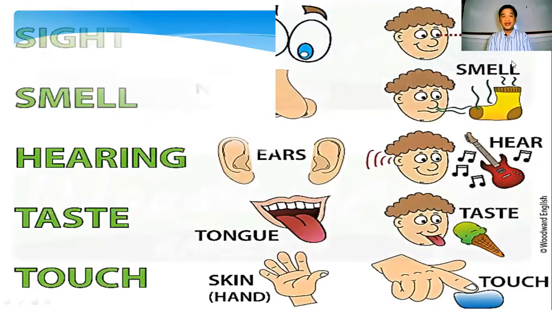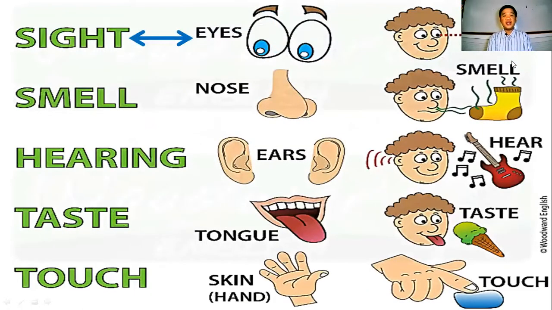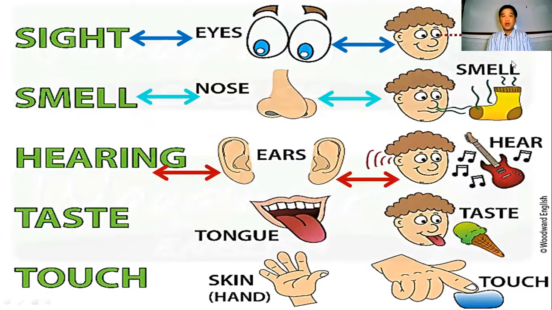To recap, we have eyes used for sight, nose used to smell, ears used for hearing, tongue used to taste, and then our skin or hand used to touch anything.